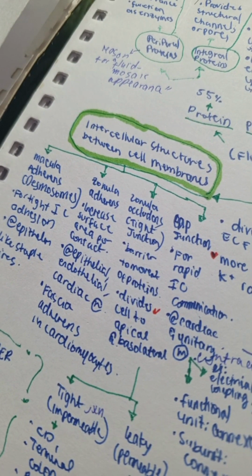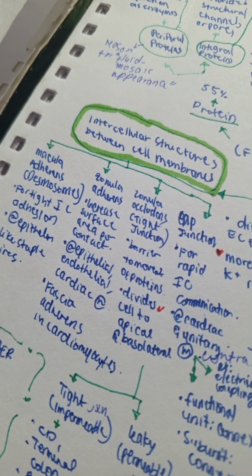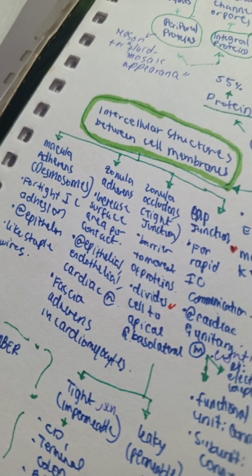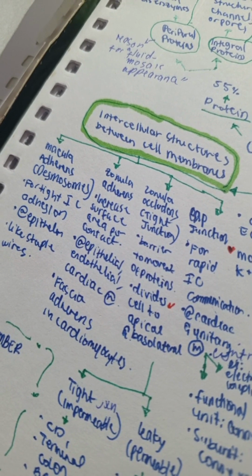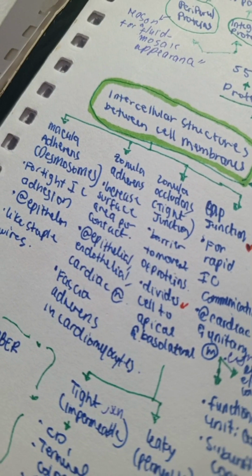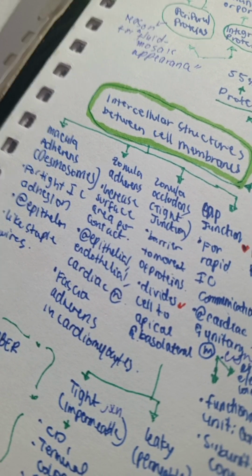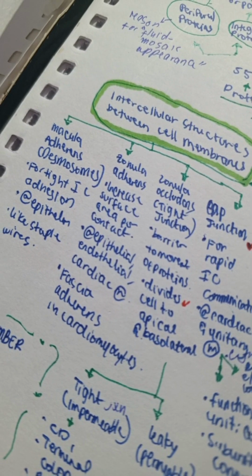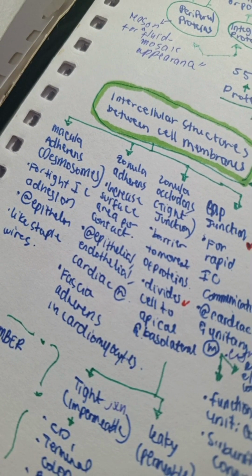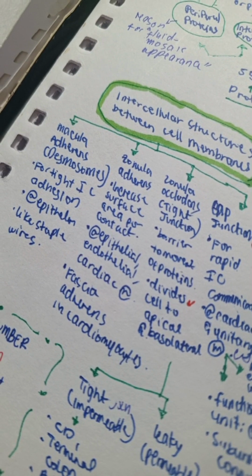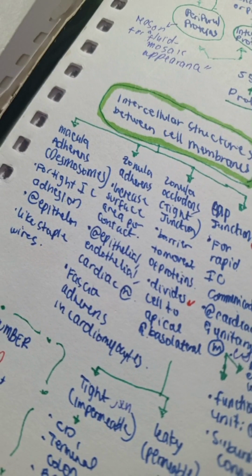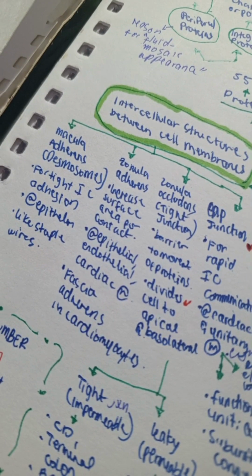Another type of intercellular structure is the zonula adherens, and this increases the surface area for contact, and it is found in epithelial and endothelial cells and cardiac muscle. And the zonula adherens is like the fascia adherens in the cardiomyocytes.